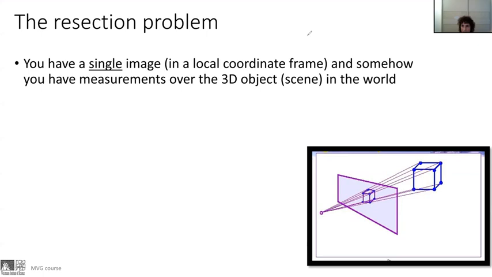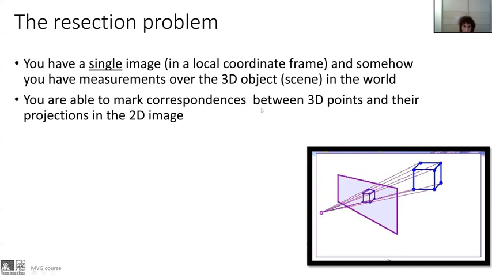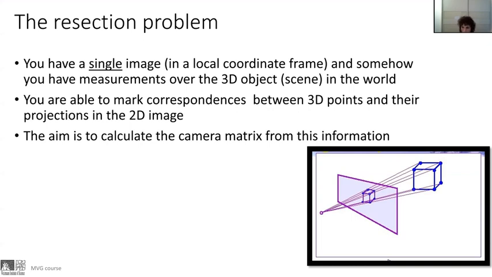What I would like very much to do is to calculate the camera matrix in this single view. I have the correspondence between the 2D point and the 3D point, and I would like to calculate the camera matrix. That's what I would like to do in the resection problem. Is the problem clear? So I can move on.